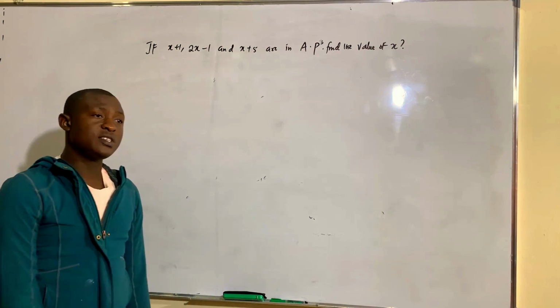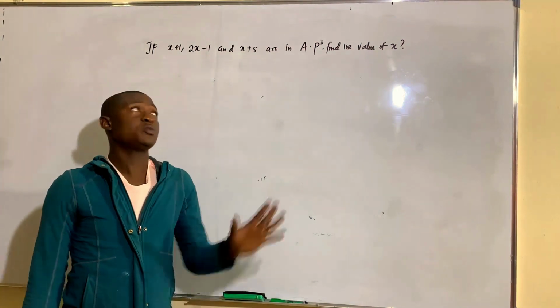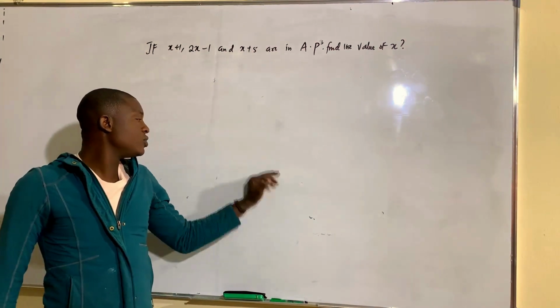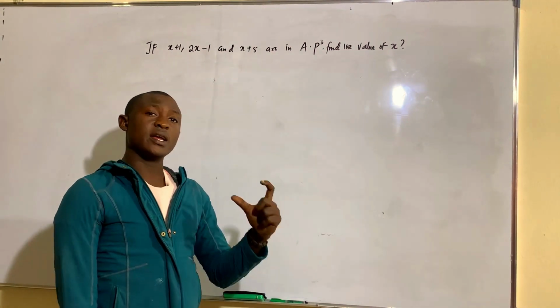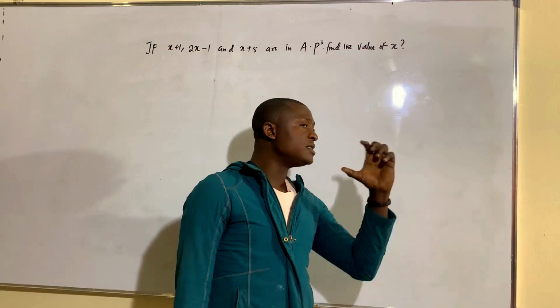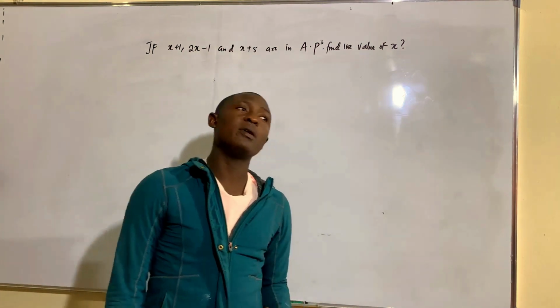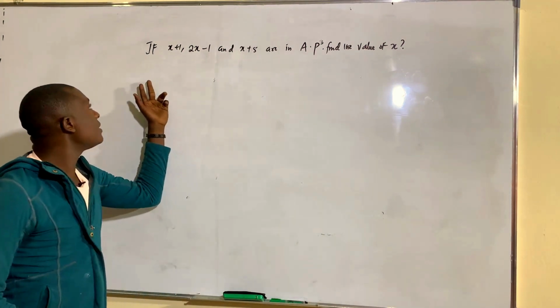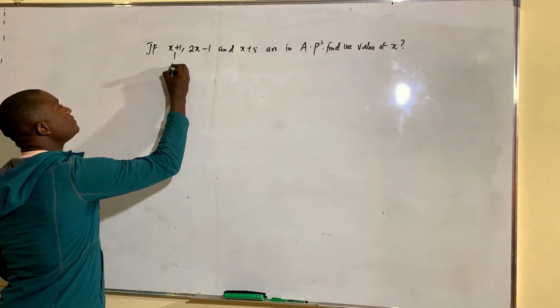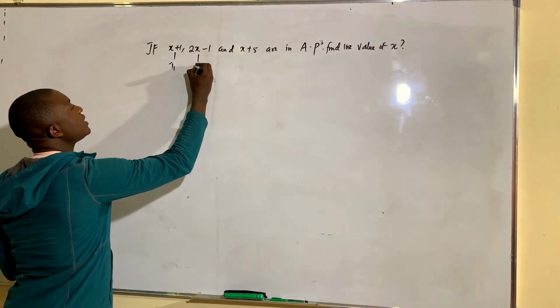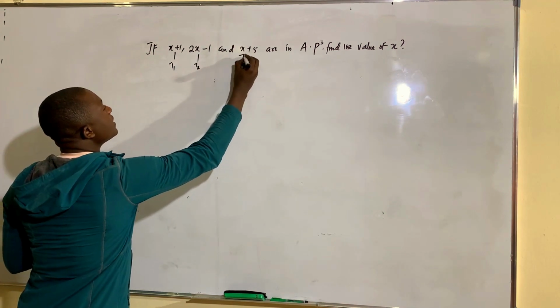But let me just use how we normally find our common difference to obtain this solution, the condition of AP. If you remember, we said the terms are said to be in an AP if they have the same difference. You remember, right? So I want to use that same approach here. This is my first term, this is my second term, and this is my third term.